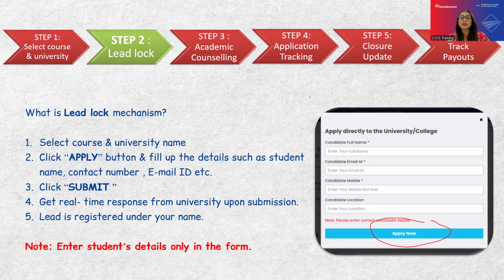In the academic counseling, we help the student in clearing their confusion about which college and university works best for them, whether they are eligible or not, and taking admission. Plus we are also providing loan assistance, if they need loans for the fees payment for the program. All these things will be taken care of by the India admission counselor, along with proper information on when the batches are going to start.